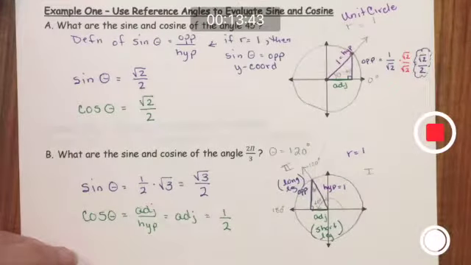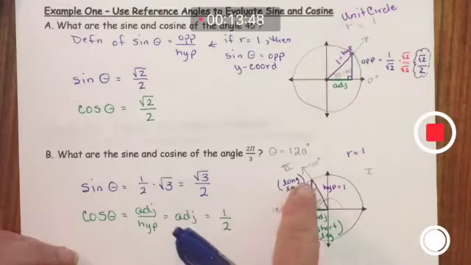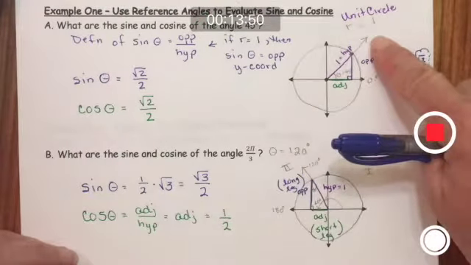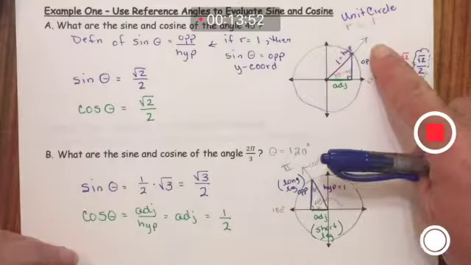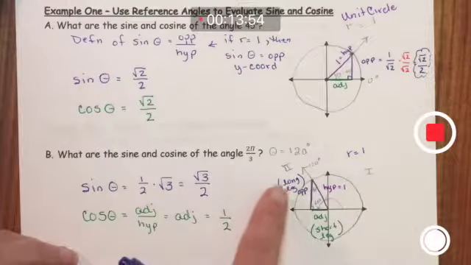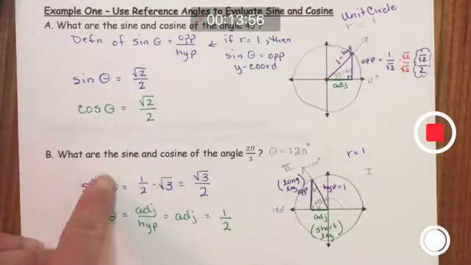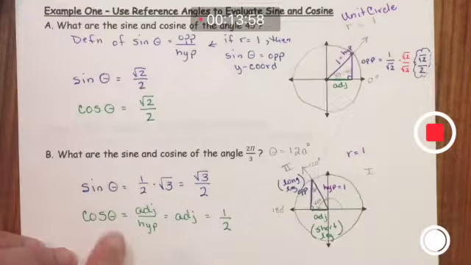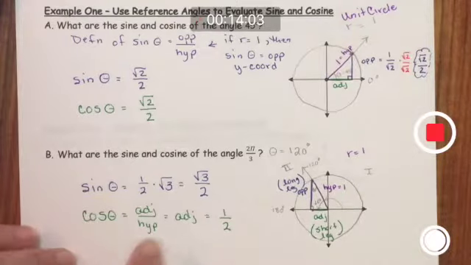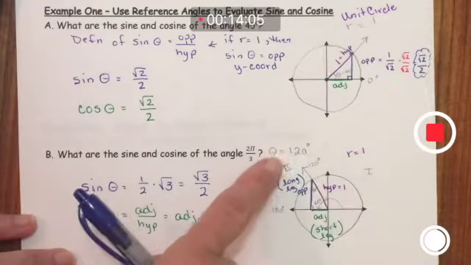Now, that's all well and good, but notice that this angle is different than the angle that would have been up in the first quadrant. And so we need to talk about whether or not my sines and cosines are positive or negative. So that's what we're going to look at here. Now, this is in quadrant 2.